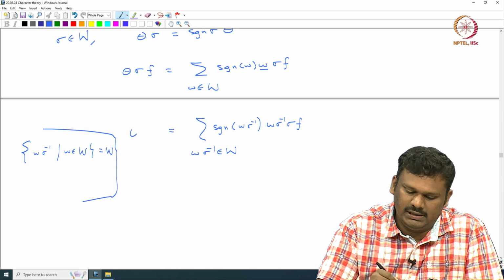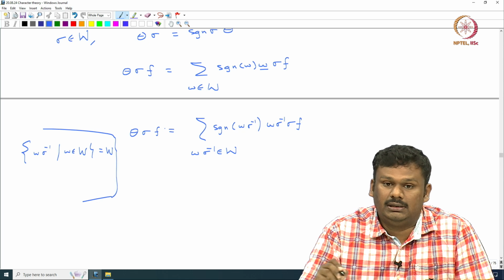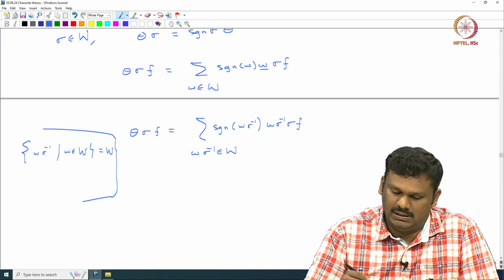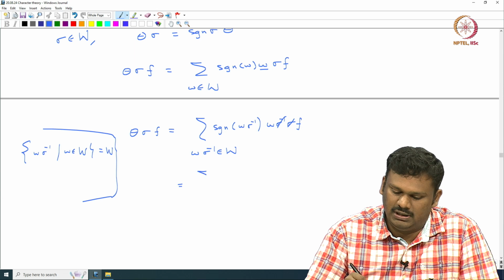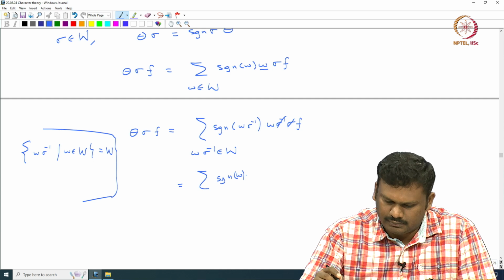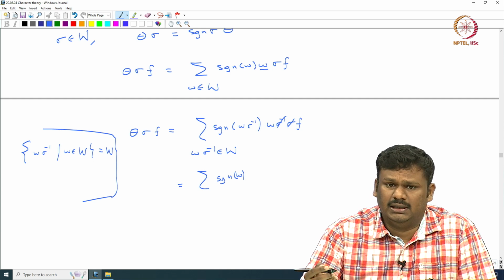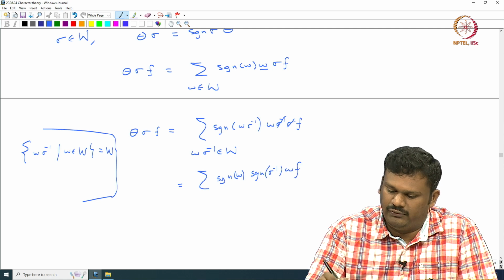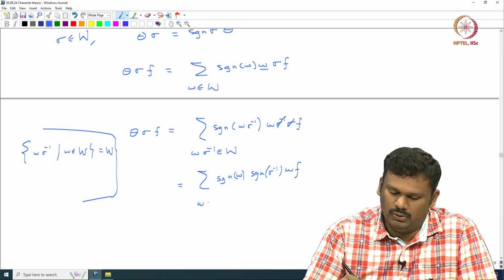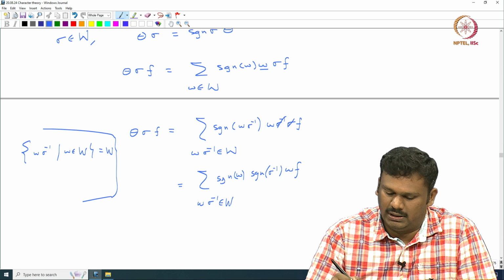So, now using this you can see that theta sigma f is nothing but this. So, now this gets cancelled. So, you get summation sine of w, because sine being a group homomorphism, this is sine of sigma inverse, and then w f you get, and then w sigma inverse w you get.